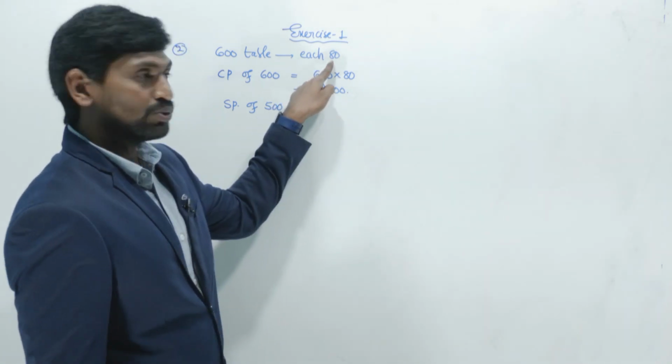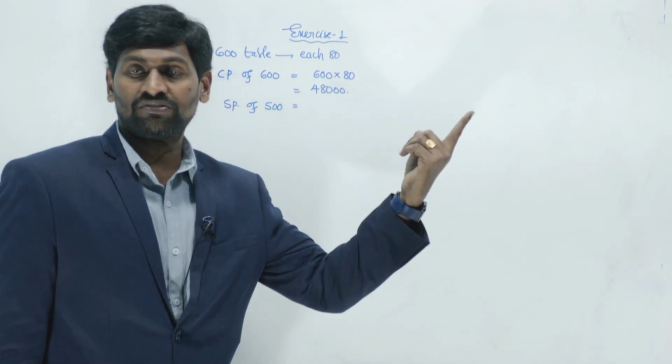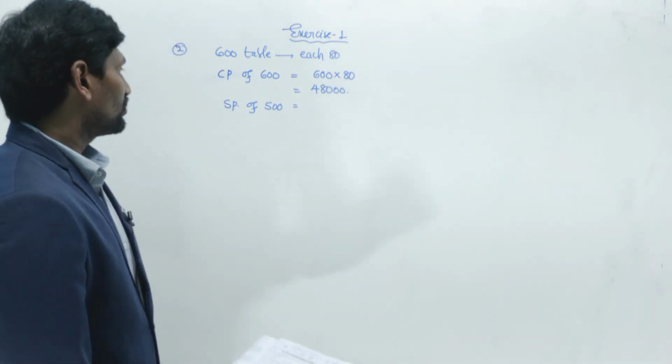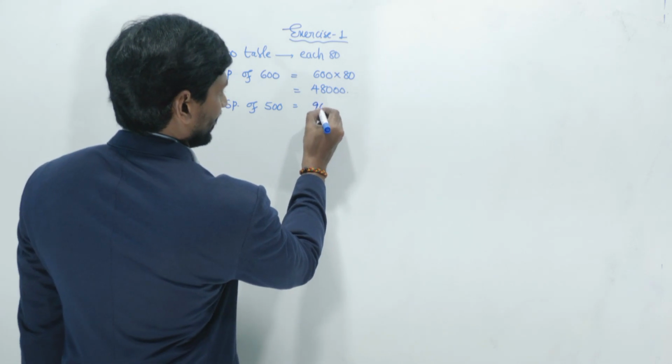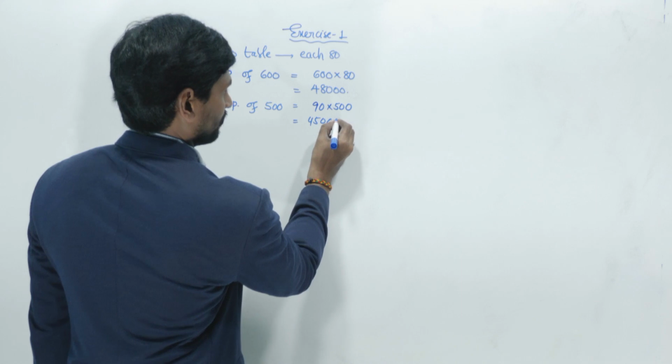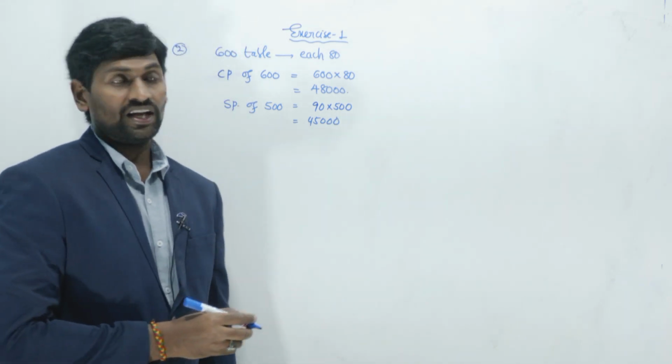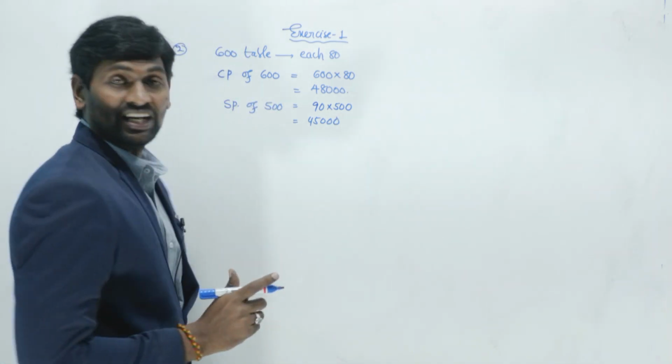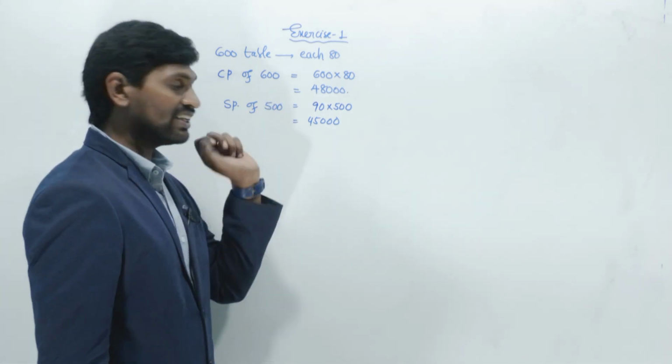The buying value is 80 rupees each, and with 10 rupees profit, he sold at 90 rupees. So the selling price of 500 tables is 90 into 500, which is 45,000 rupees. How many are remaining? 100 tables, because the total is 600.